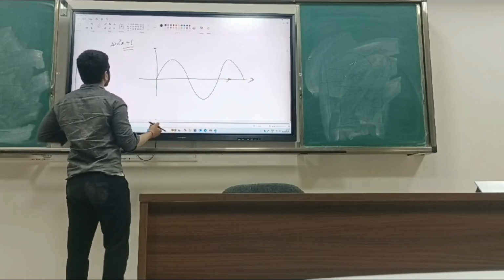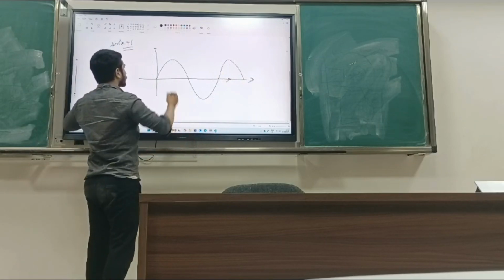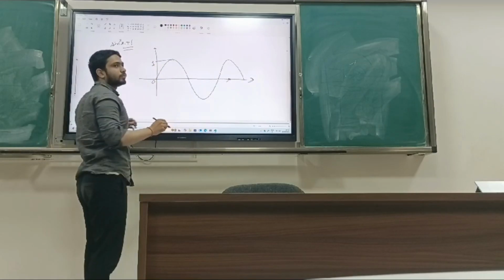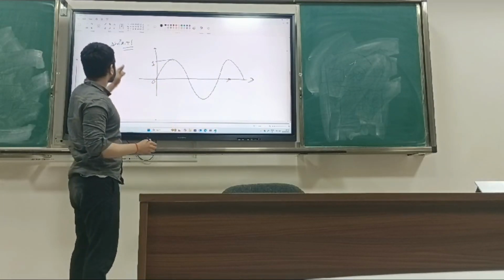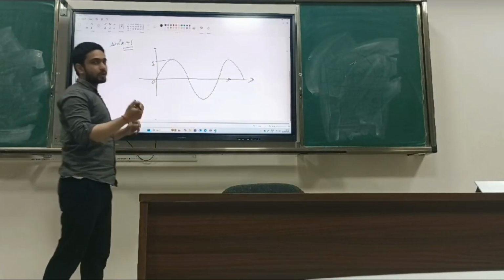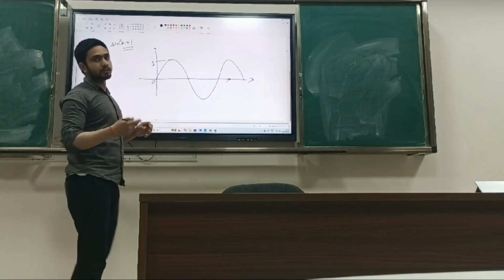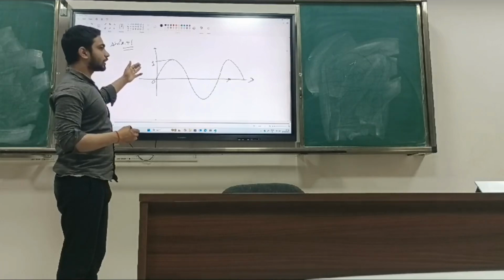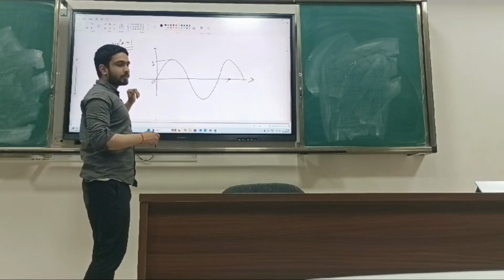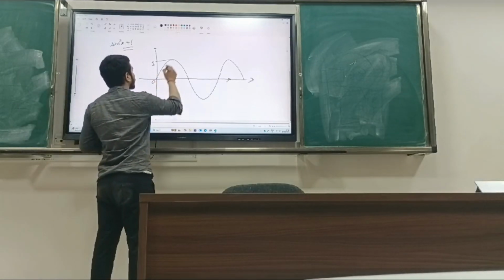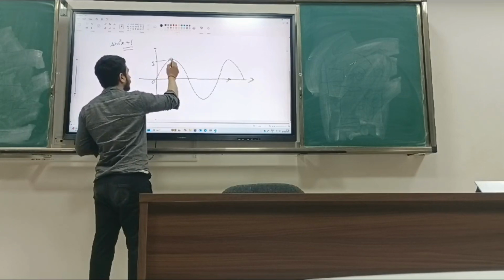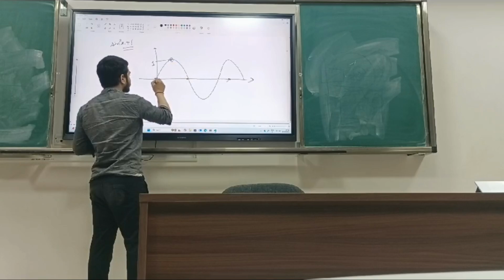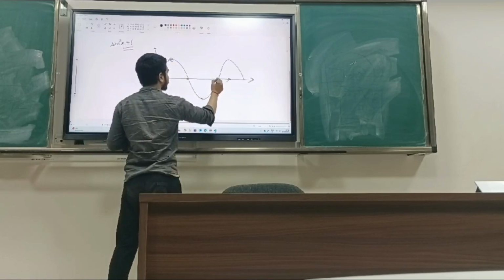If we draw the graph of sin square x, these values are between 0 and 1 only. If the value is greater than 1 and we square it, the value will increase, but if the value is less than 1, the value will decrease. But the square of 1 is 1 and the square of 0 is 0, so these will be the touching points of the sin square x graph.